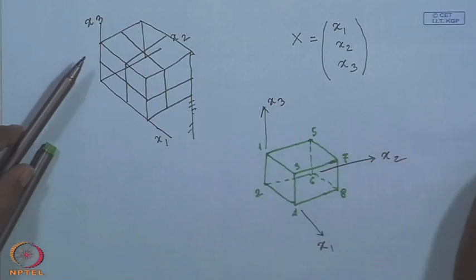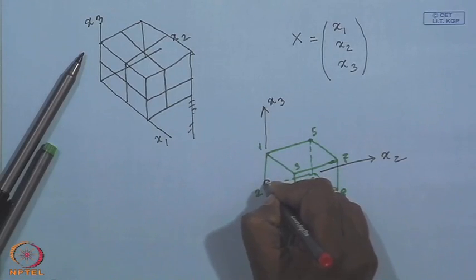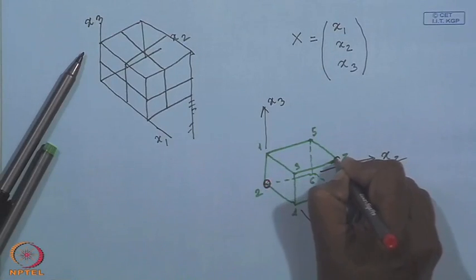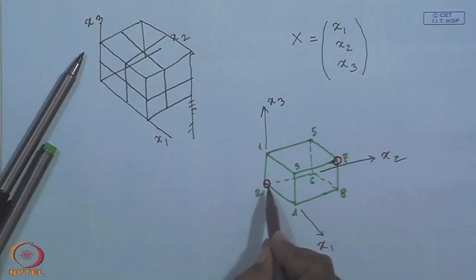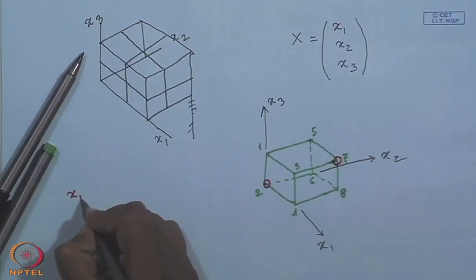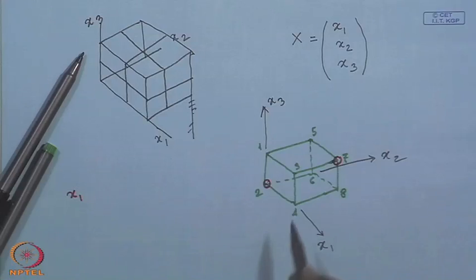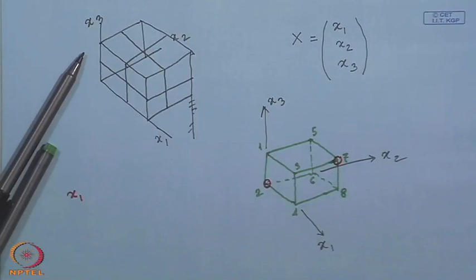Considering this, you find that if I simply specify the coordinates of this vertex and the coordinates of this vertex, that uniquely specifies this particular rectangular parallelogram, where the coordinates of this vertex, the x 1 component will be the minimum of x 1 components of all the 8 vertices.